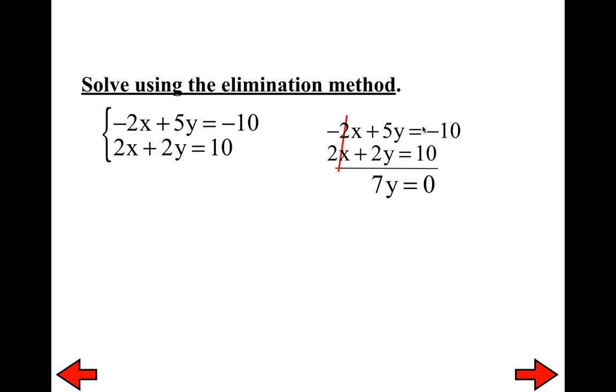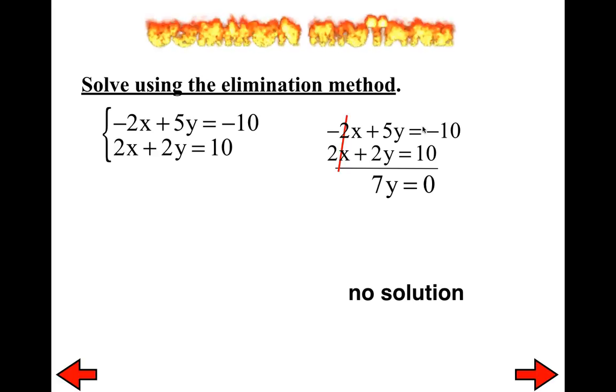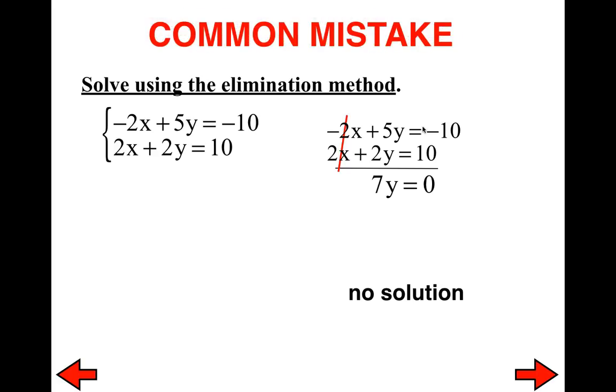Now here is where these special systems create an issue, because a lot of students in the past would stop right here and, for some strange reason, claim that it's no solution. This is a very, very, very common mistake that I've seen over the years, and I want to make sure you don't fall for it.